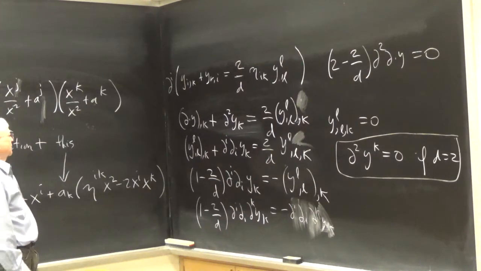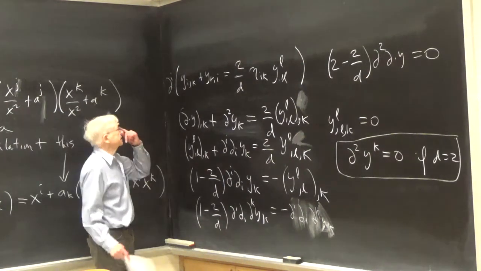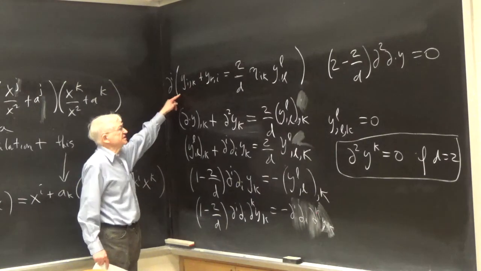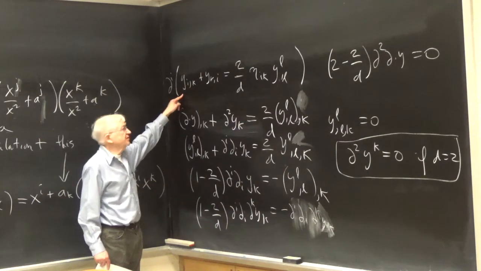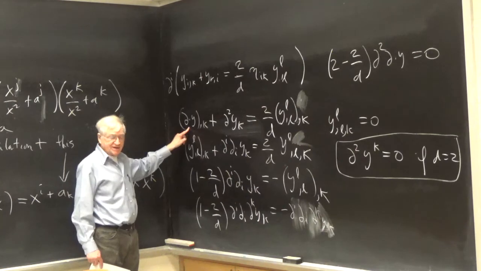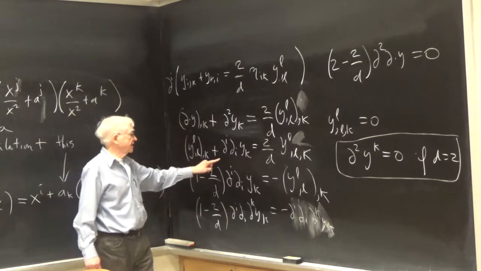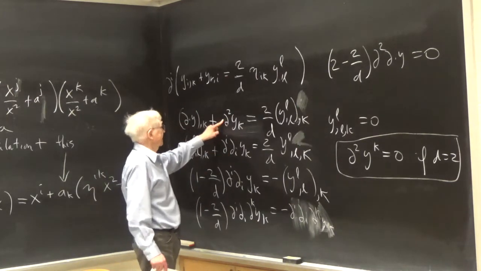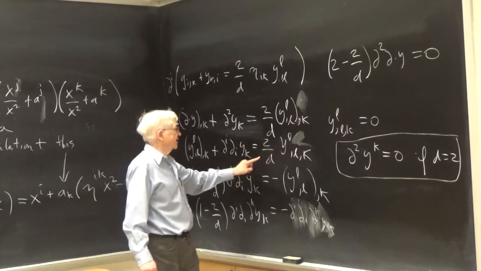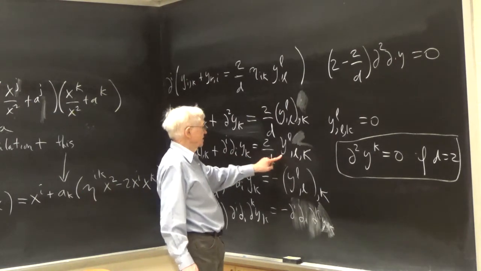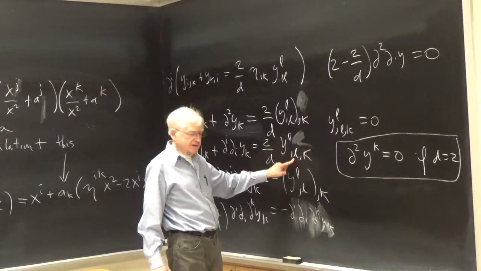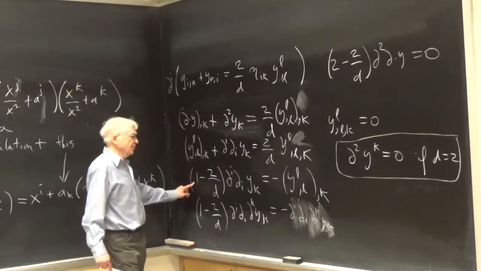Or maybe I should go down from this equation. This equation's okay, right? And is this one all right? Okay. So that is certainly that. This is that, and that's all right. 2 over d, so this equation is right.